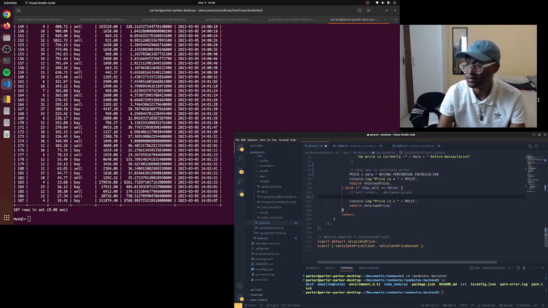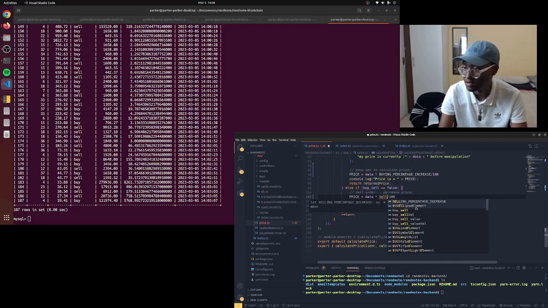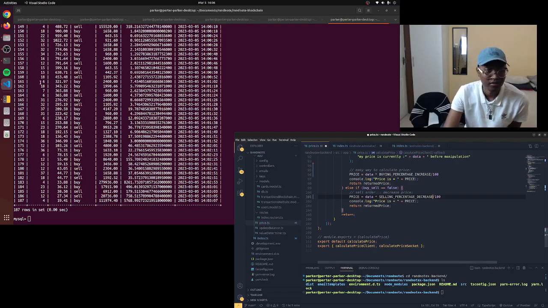We're gonna have, but we want to decrease it this time. We're gonna say price equals data times selling percentage decrease, divide by 100.